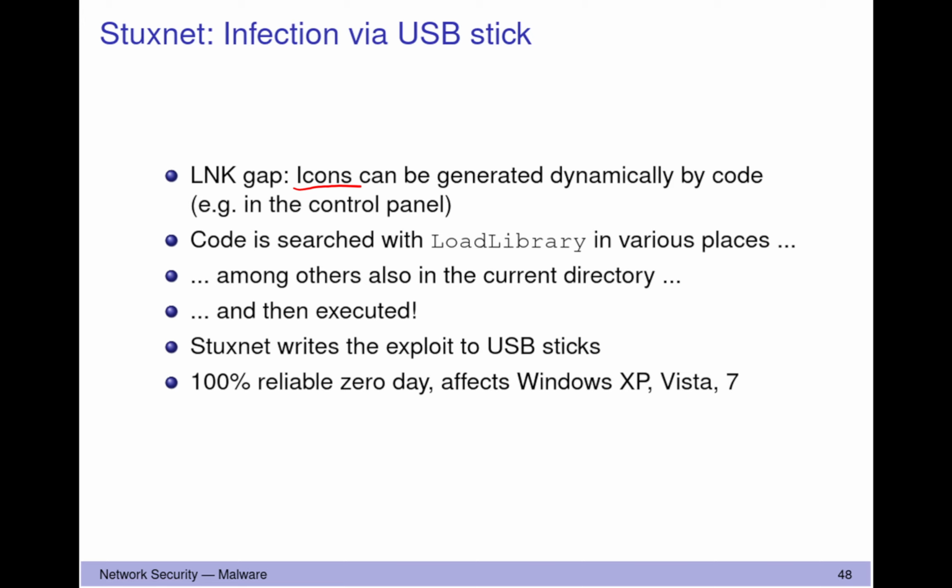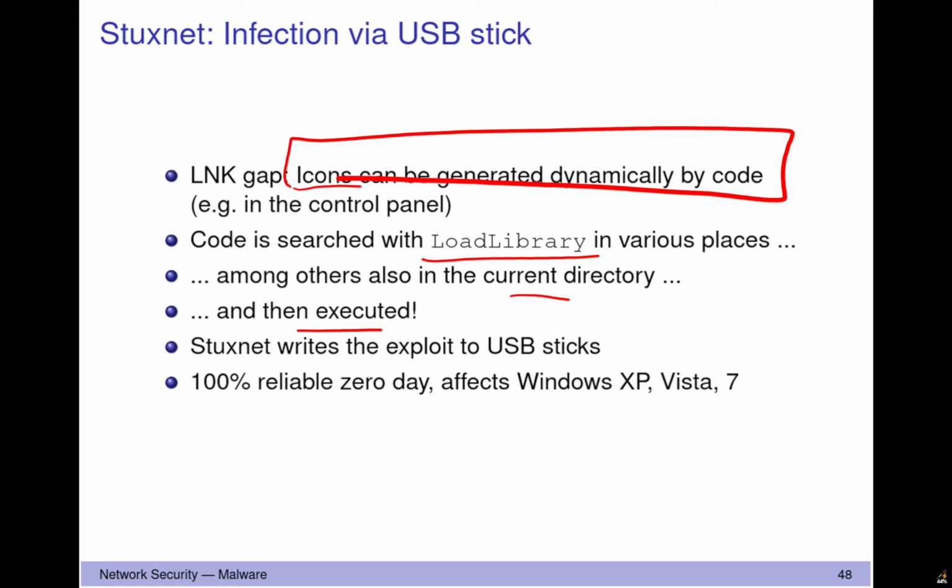Typically, what it also does is, in order to create that icon, it uses some kind of load library functionality that looks in various places, also the current directory, and it's then executed with the idea that you want to generate an icon dynamically at this current time.